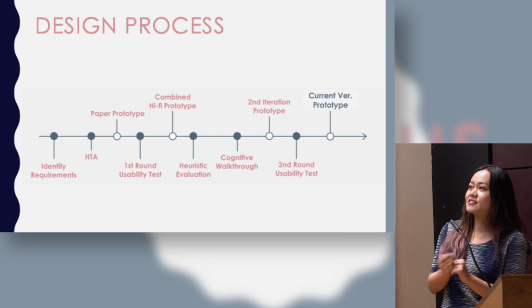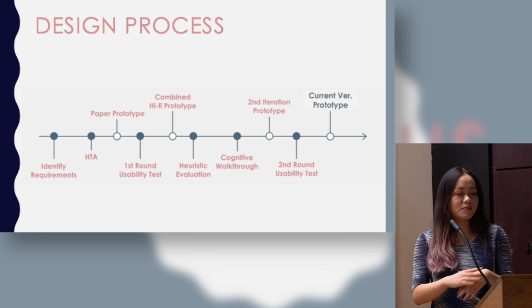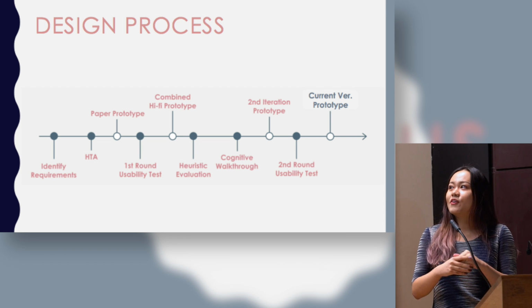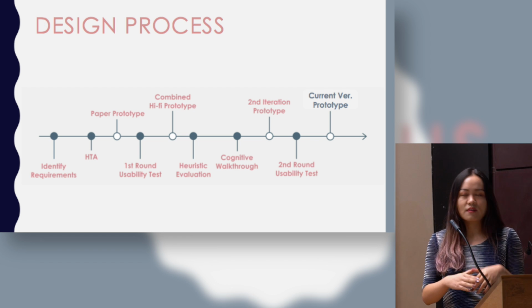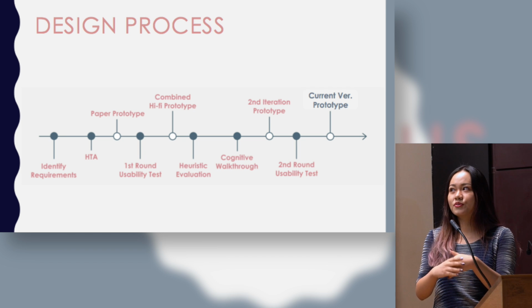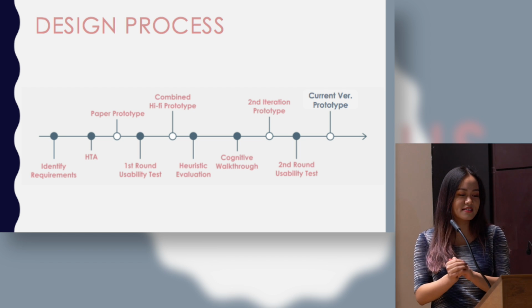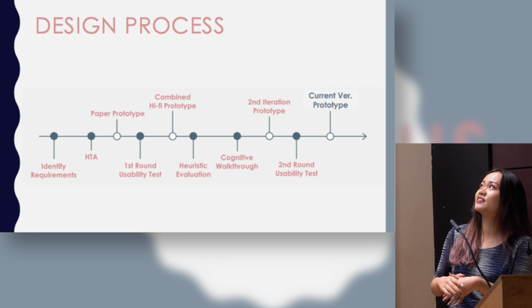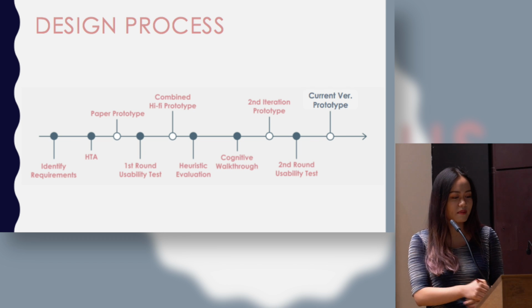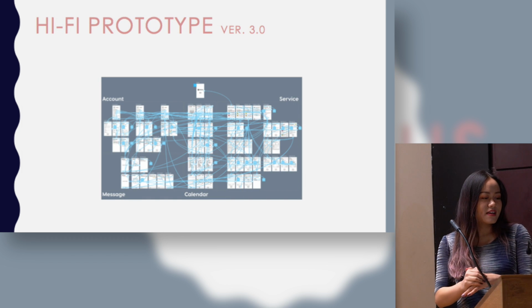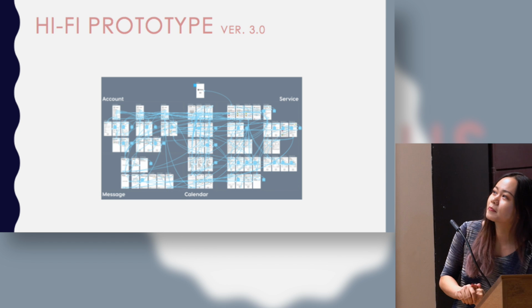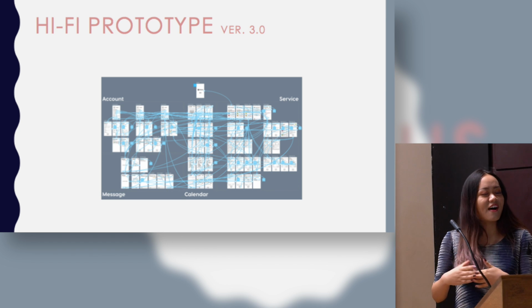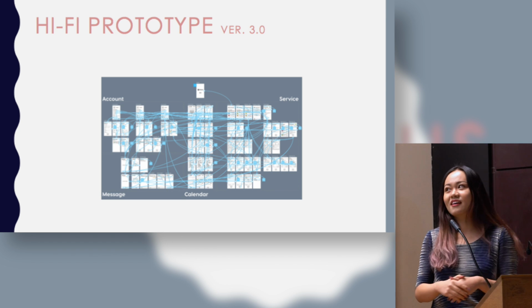And here is the diagram that shows our design process. There are more than 4 iterations of prototyping and 2 rounds of usability tests. A lot of effort has been made to achieve the current version of the prototype. So here is our third version high fidelity prototype.